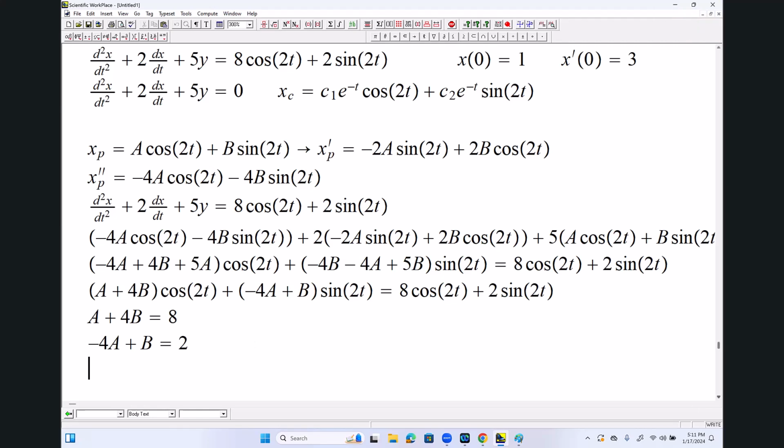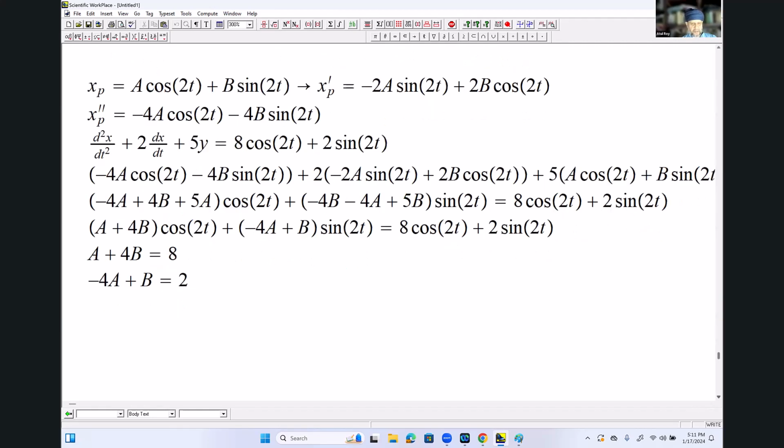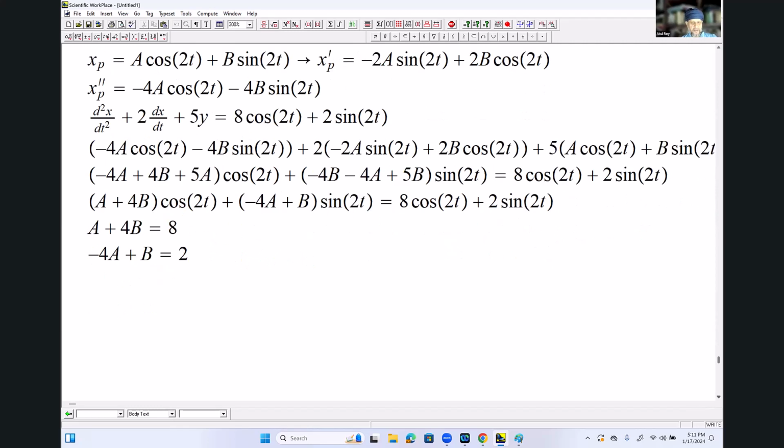Okay, so let's work with this. Say we multiply the top equation by 4 and add the bottom equation to that. What will we get?